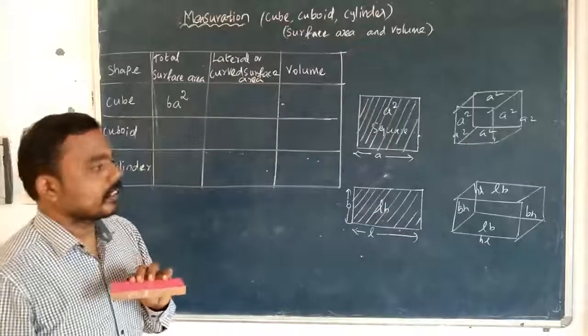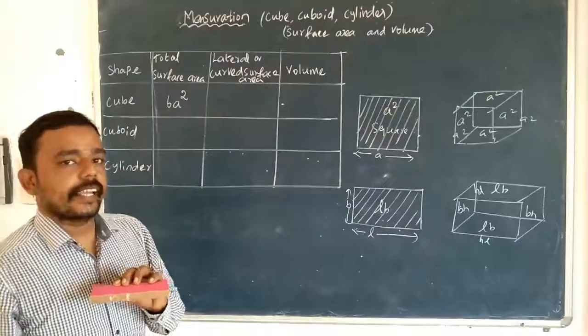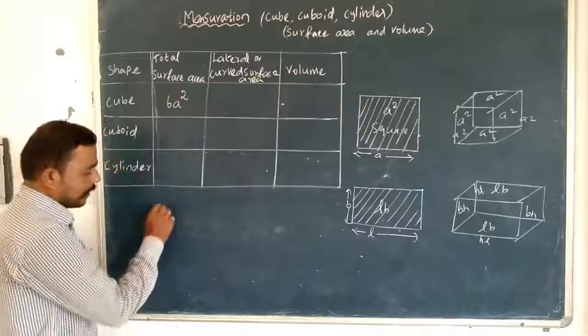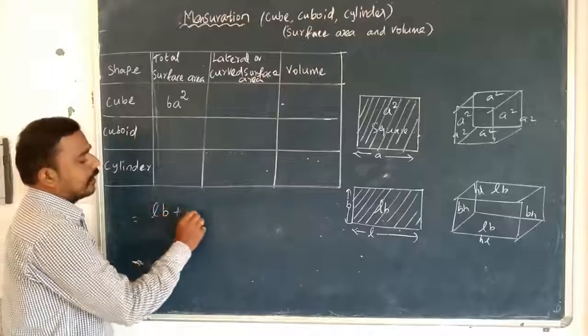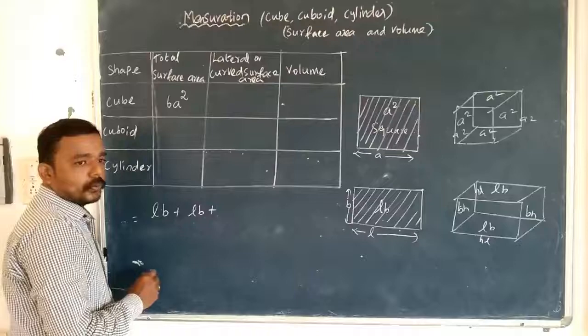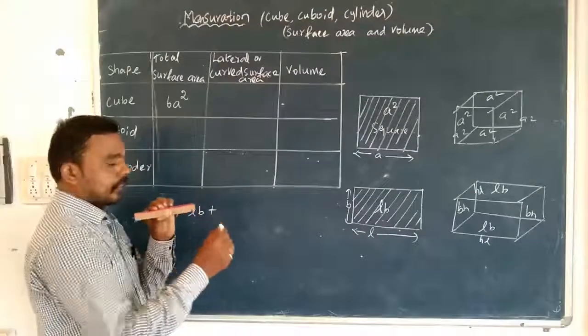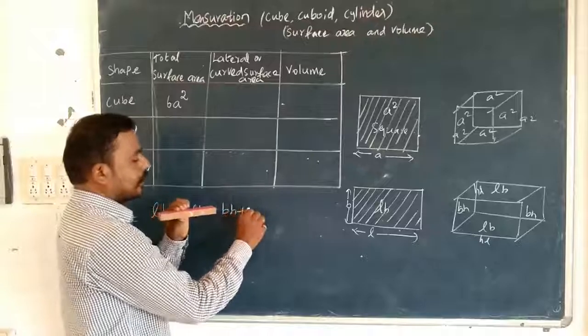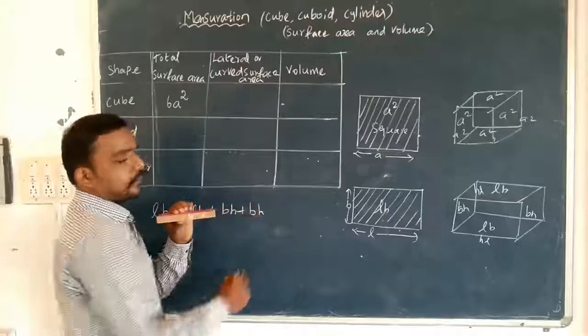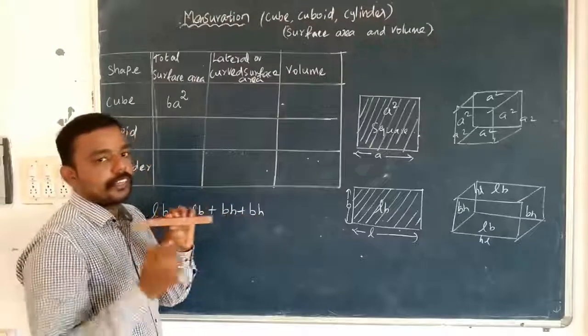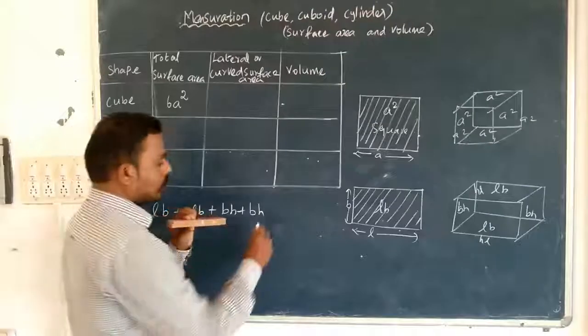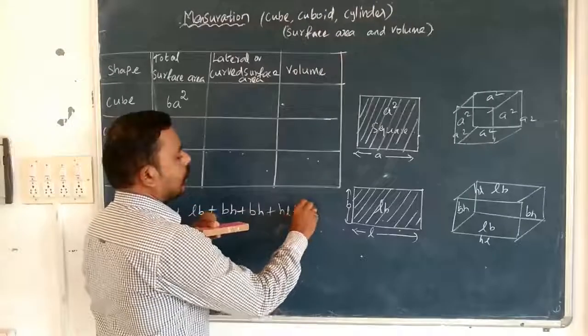So totally this is also enclosed by six sides. You can realize LB, LB, two lengths, that is top and bottom, plus BH plus BH, this one is the side view, and this is also HL plus HL, two sides.